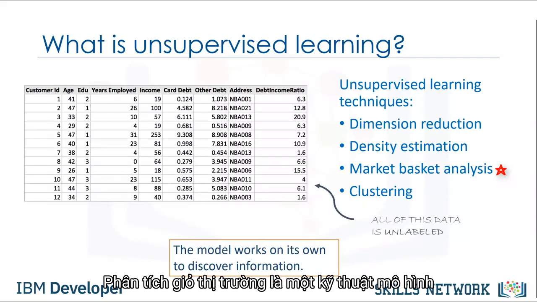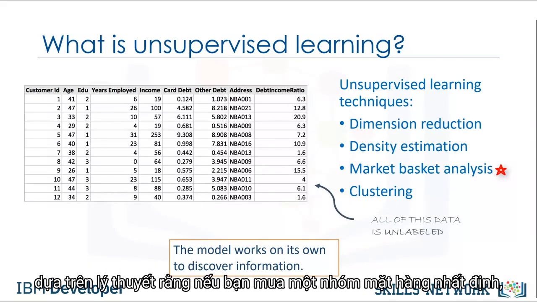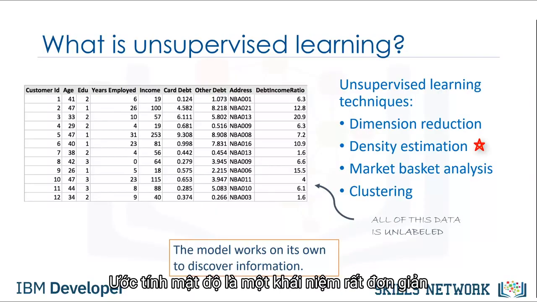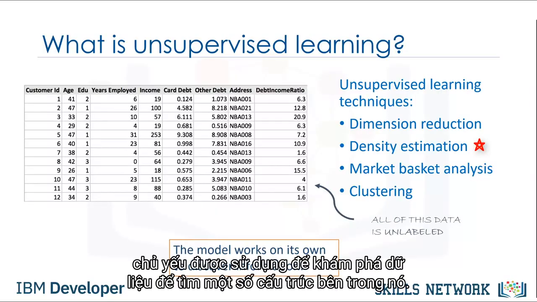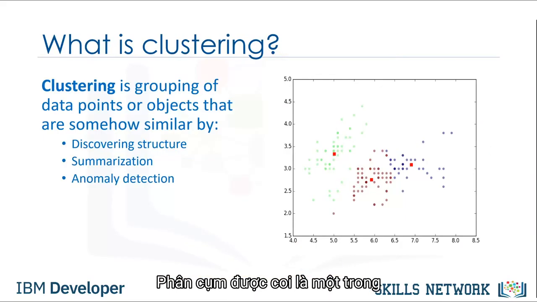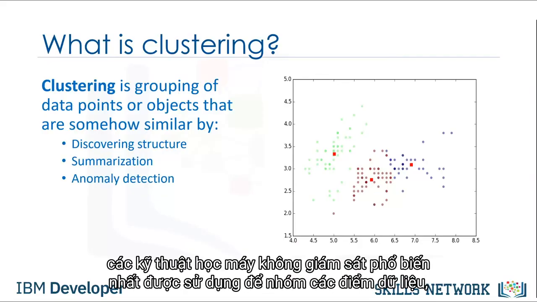Market basket analysis is a modeling technique based upon the theory that if you buy a certain group of items, you're more likely to buy another group of items. Density estimation is a very simple concept that is mostly used to explore the data to find some structure within it.